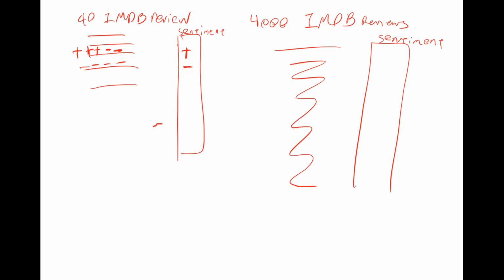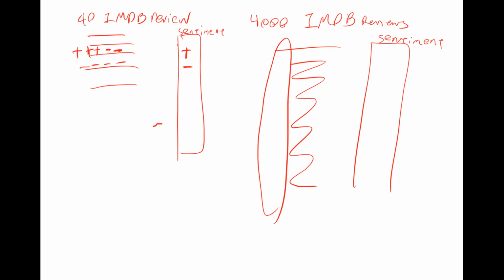In classification, if you have more observations, you have better prediction. If you have too few observations, your prediction is not great. So when you have a large corpus, classification usually works better because more observations help you have a better prediction.